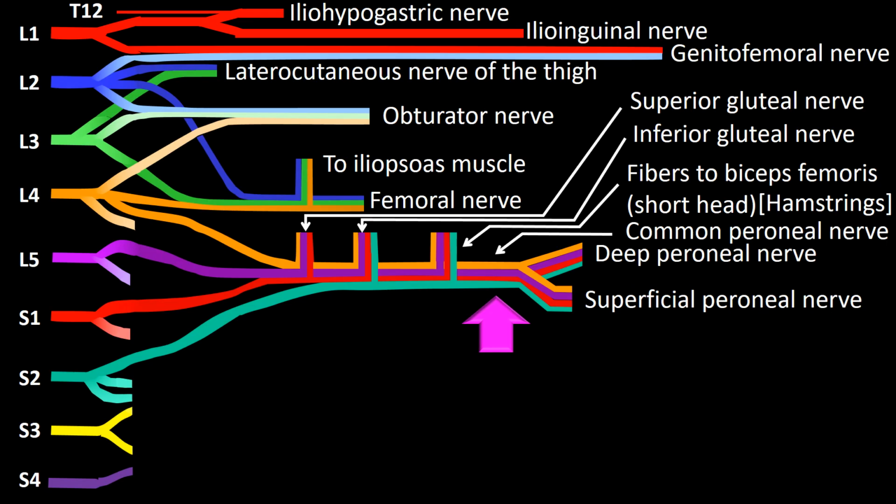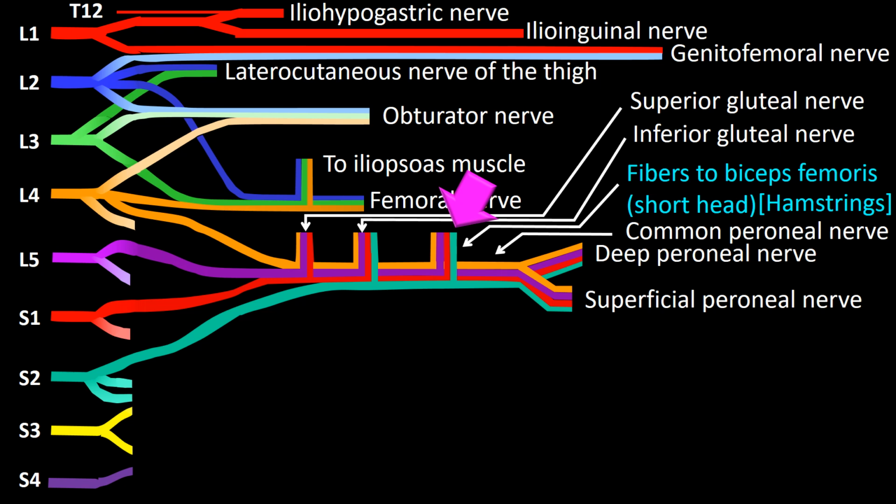Going back to the graph, you can see that the deep peroneal and superficial peroneal arise from the posterior division of L4, L5, S1, and S2. Going through the posterior divisions of the sciatic nerve, if the lesion were to be at the posterior division of the ventral rami or at the sciatic nerve, the fibers for the short head of the biceps would have been affected, and in these patients they were not.